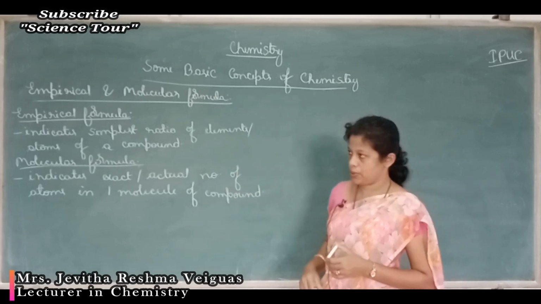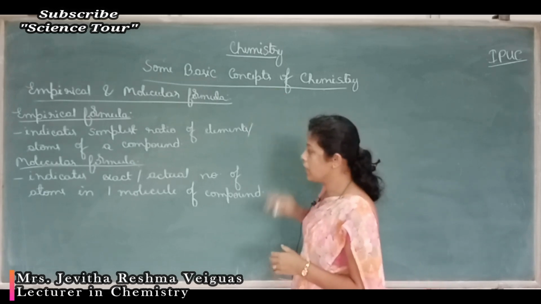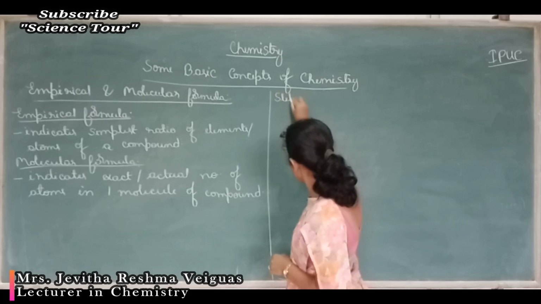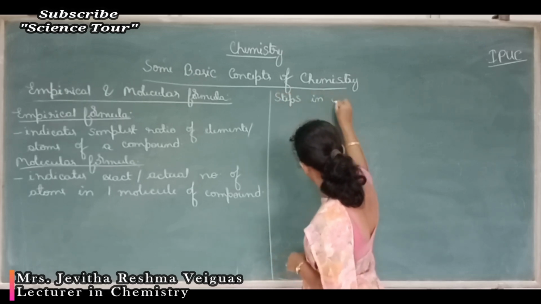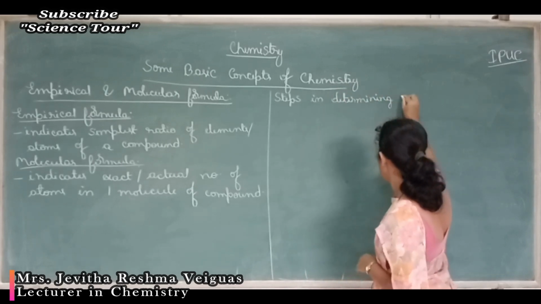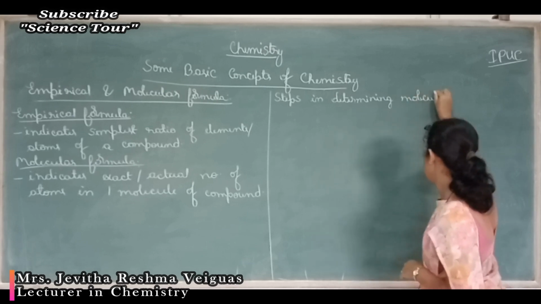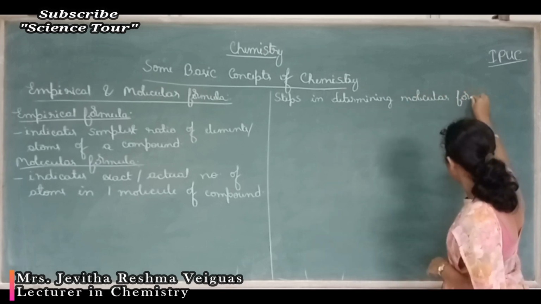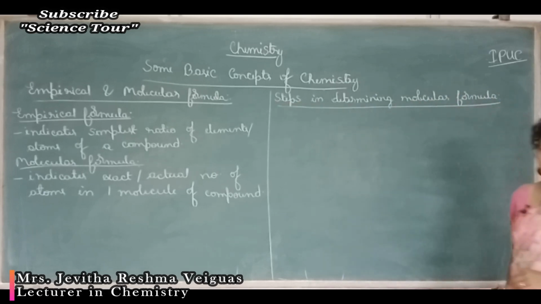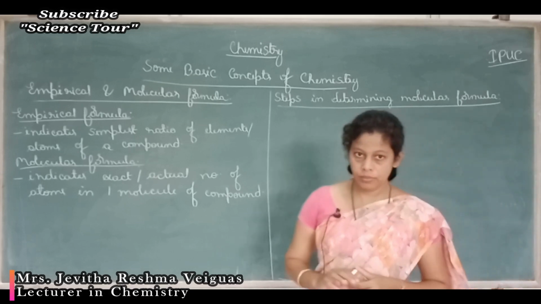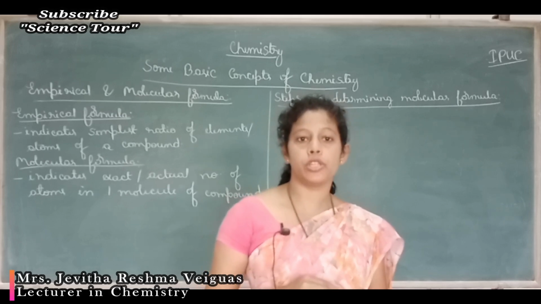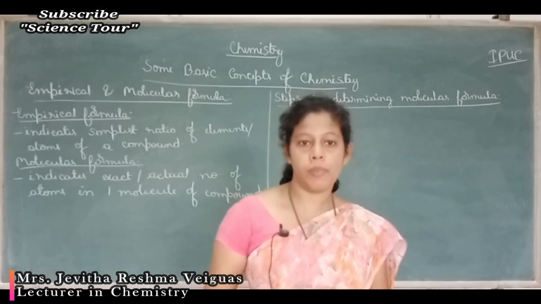How to find empirical and molecular formula? So, the steps in finding molecular formula. In the problem, the element will be given and its percentage composition will be given, that is, the percentage mass will be given.